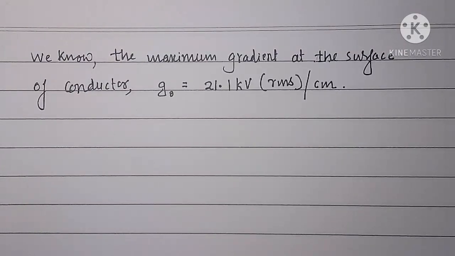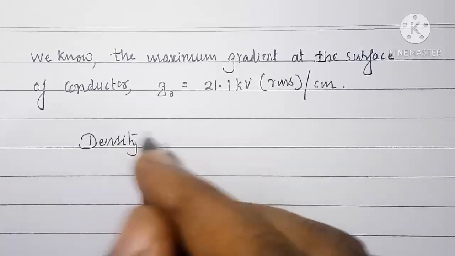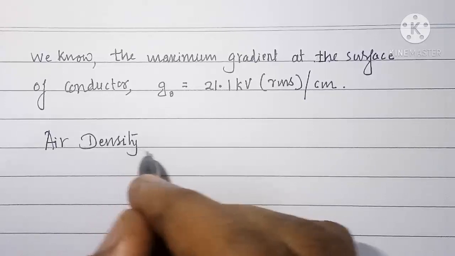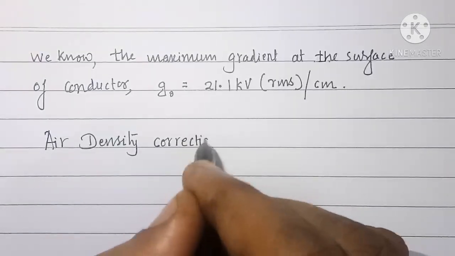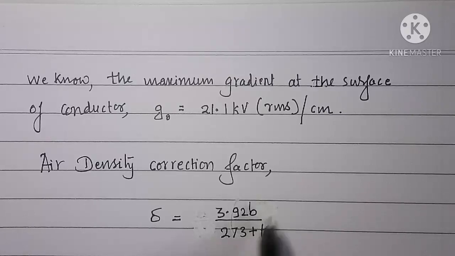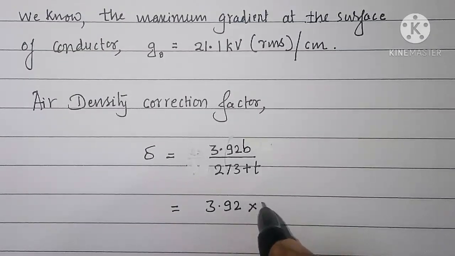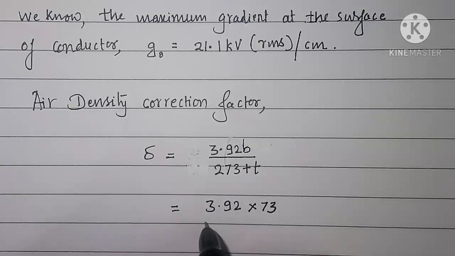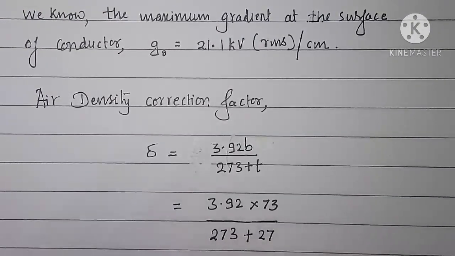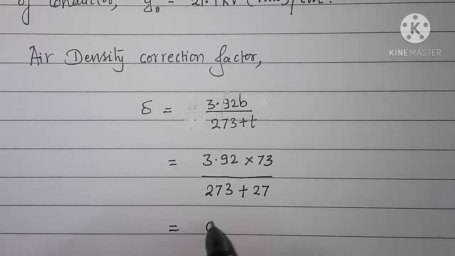We will calculate the air density correction factor delta, which is 3.92 B divided by 273 plus T. That is equal to 3.92 into 73 by 273 plus 27 degrees Celsius. Simplifying, we get 0.953.